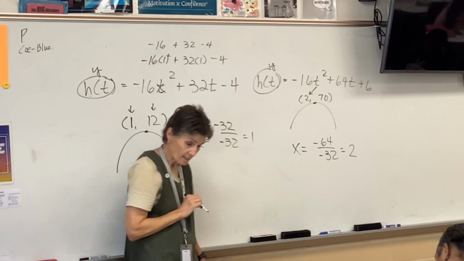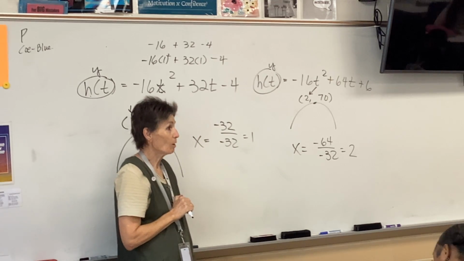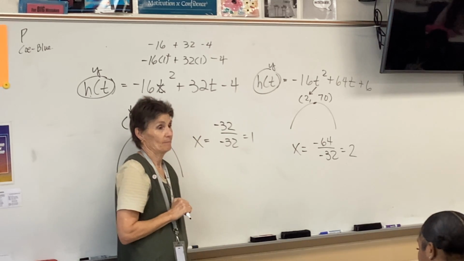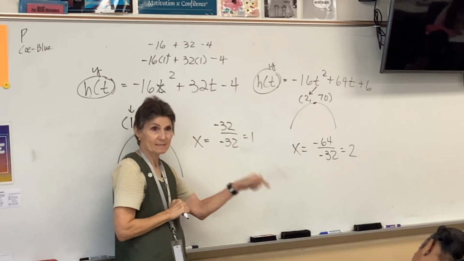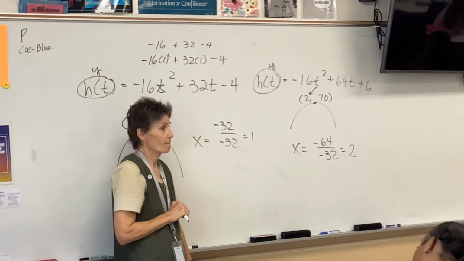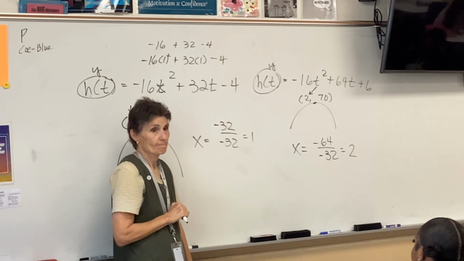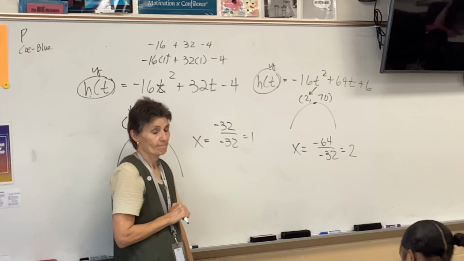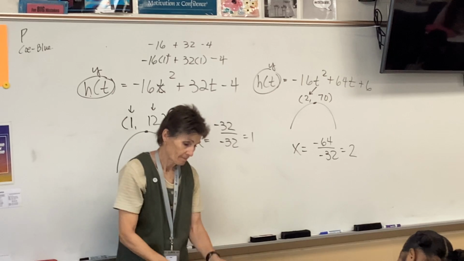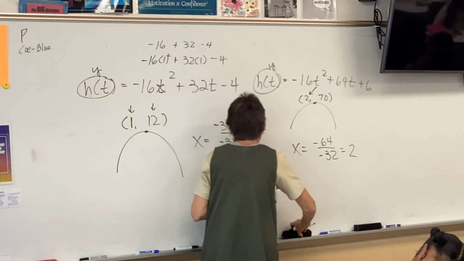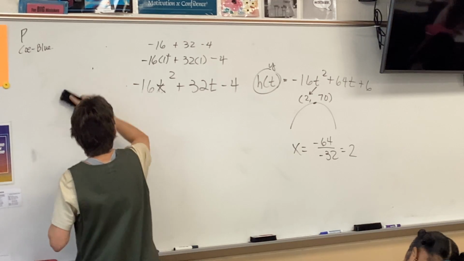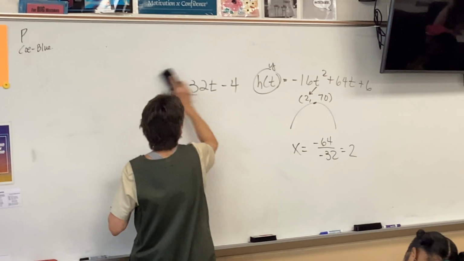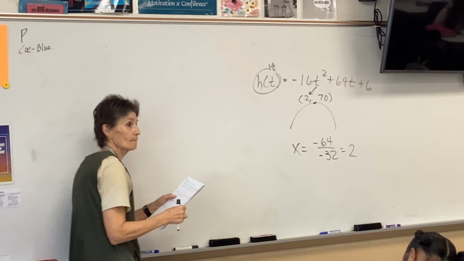So the question says, what's the maximum height of the ball? 70 feet. It's always seconds and feet. So 70 feet. Anybody have a question about that before we move on? All right.